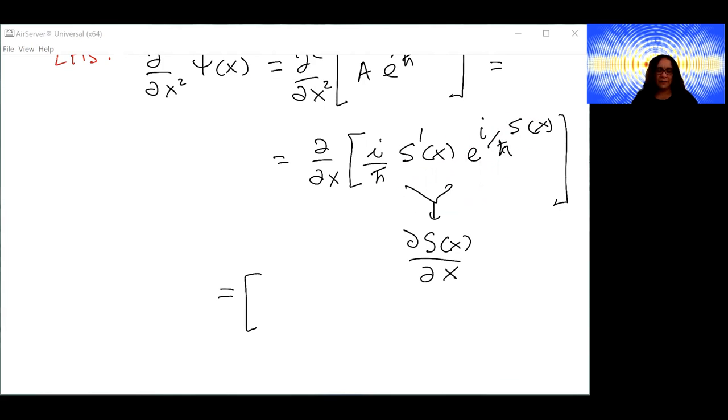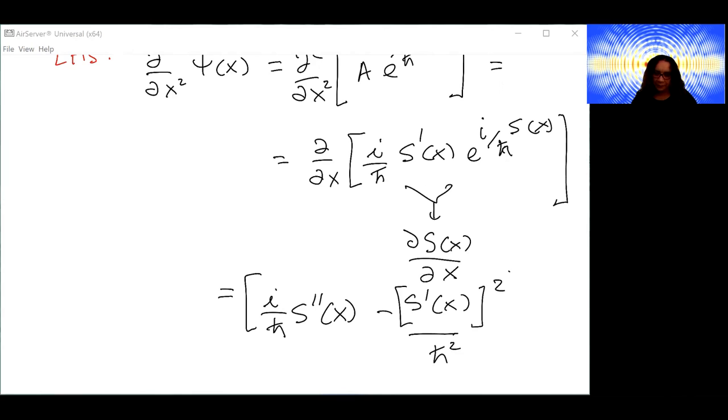So this is going to give you iħ S''(x) minus S'(x)² over ħ², and here I have already pulled this out.